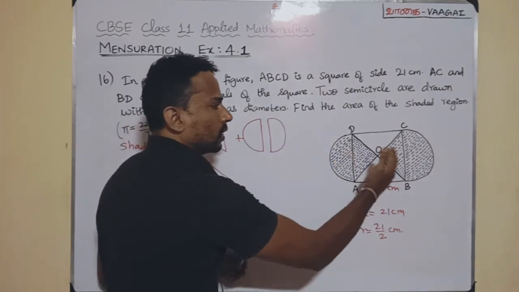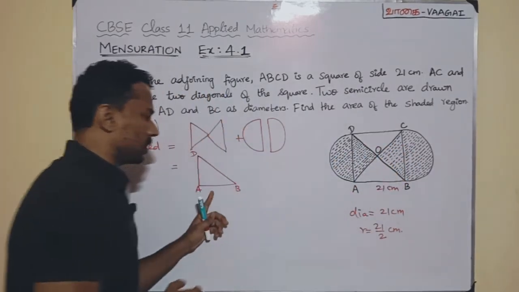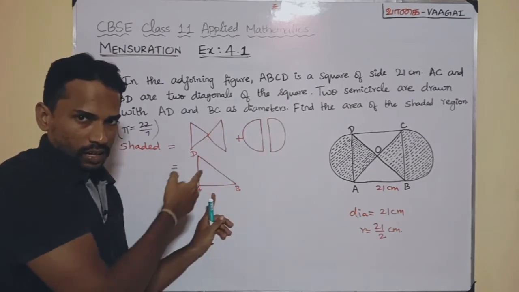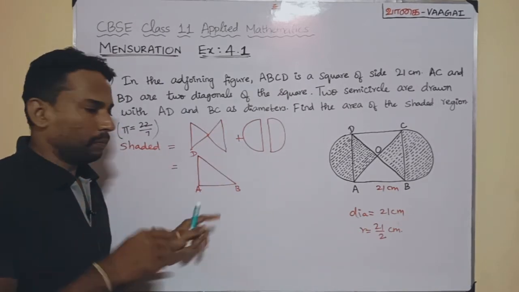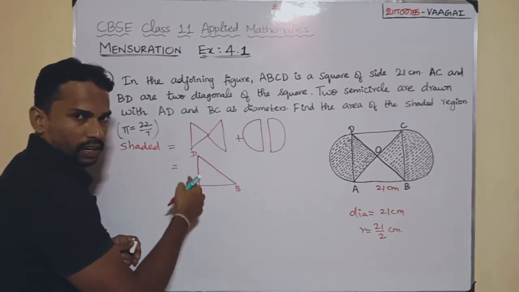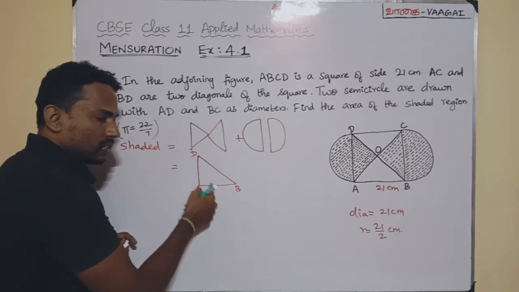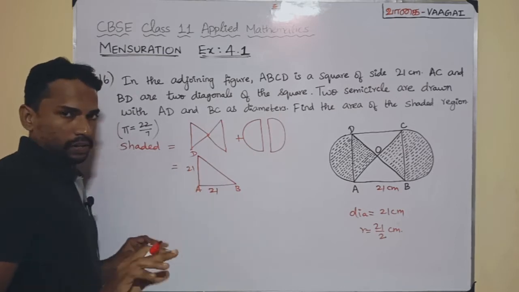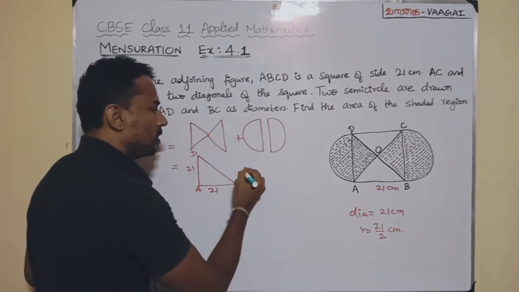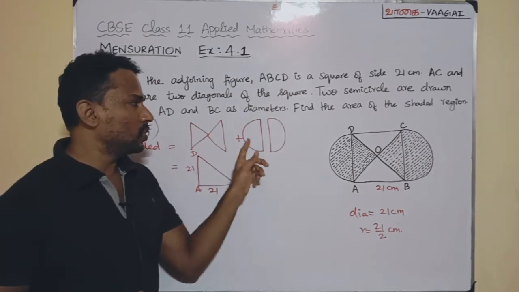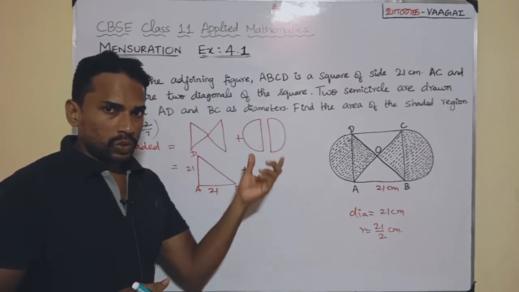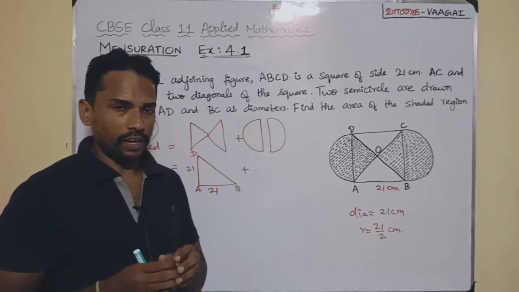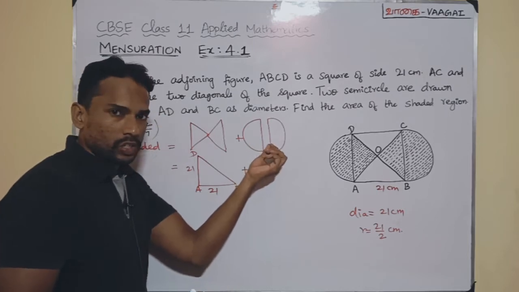Now these two triangles will form a new structure like a big right angle triangle, something like this. And remember that for this right angle triangle, what about the two sides here? No doubt, this is also 21 centimeter, this is also 21 centimeter. Plus, same way, now see these two semicircles. Now these two semicircles' area also we are going to add, which means I can just join these two semicircles.